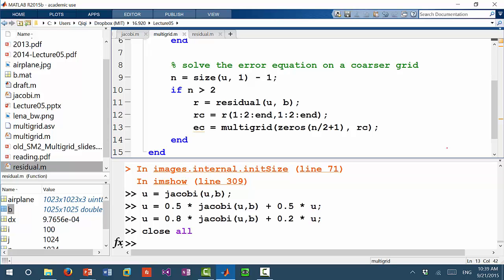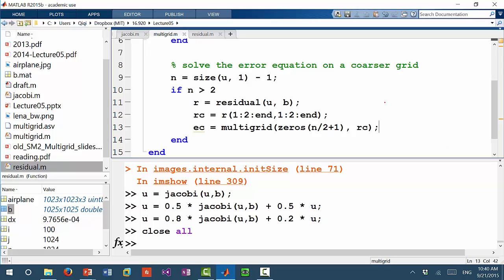In order for me to do this, I need the solution error. I need the error E to be defined on the fine grid. So I need another interpolation for the solution error from the coarse to fine grid.